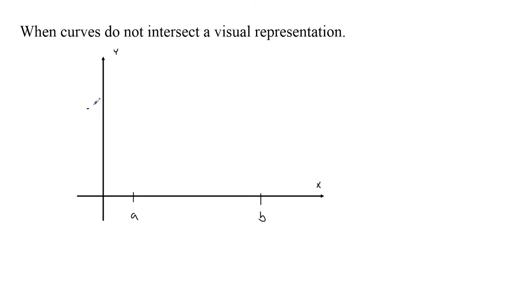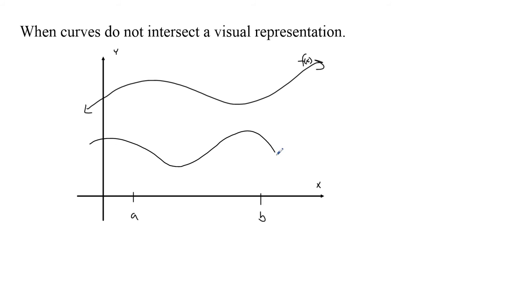And so we have some function here. We're going to call that function f of x. And then we have a second function right here, and we want it to not be exactly the same. So we're going to call this function right here g of x.